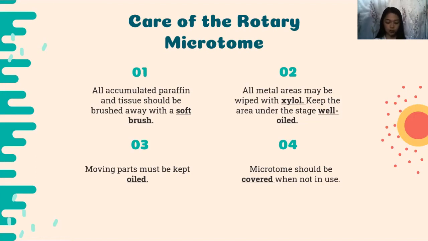Next, all metal parts may be wiped with clean xylol. Avoid continuous application of xylol to the rest of the machine, as xylol will remove the painted finish. The machine must be dried carefully, with particular attention to the area under the stage or the knife holder. Keep this area well oiled to prevent rust formation.